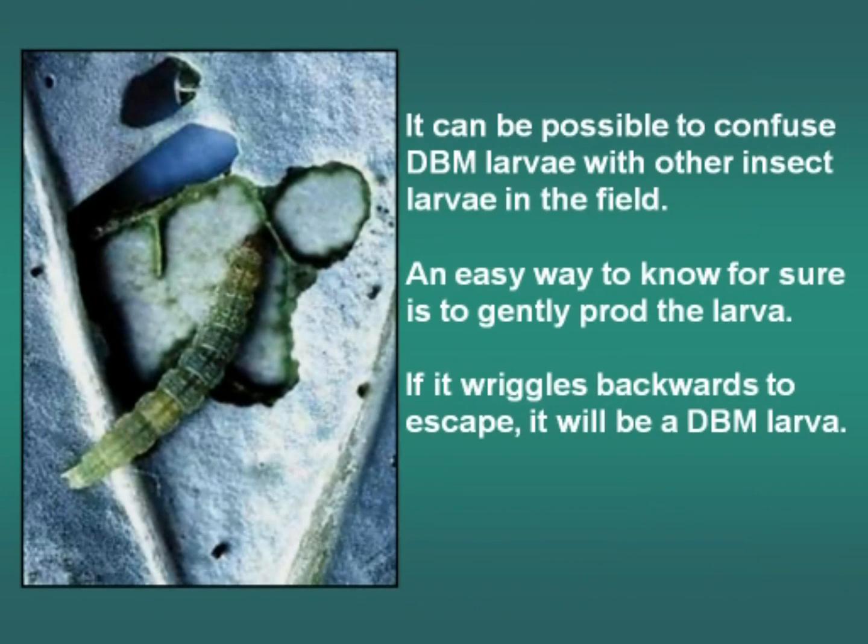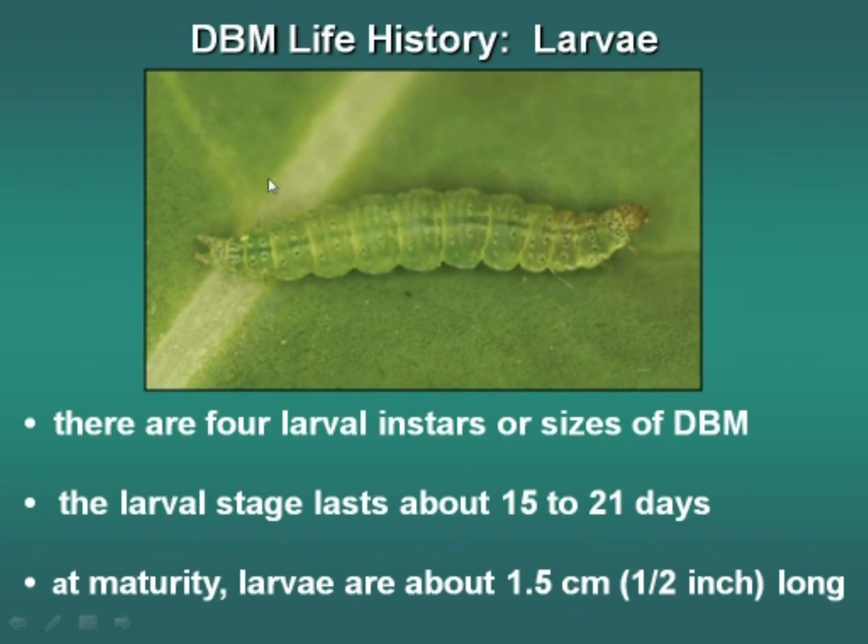It's possible to confuse diamondbacks sometimes with other green insect larvae that can occur in the field at that time. But there's an easy way to tell. One of the ways is, first of all, the V-shaped structure on the tip of the abdomen of the larvae. No other insect larva in canola has that characteristic structure.